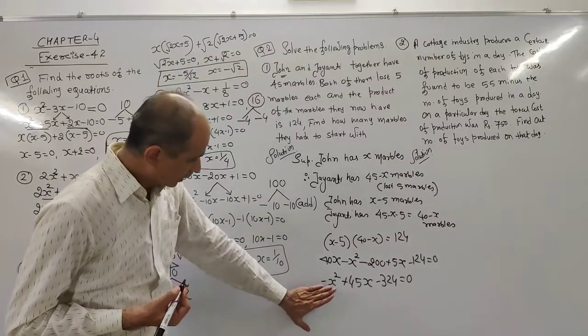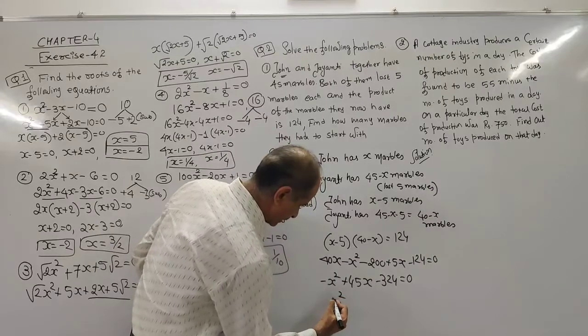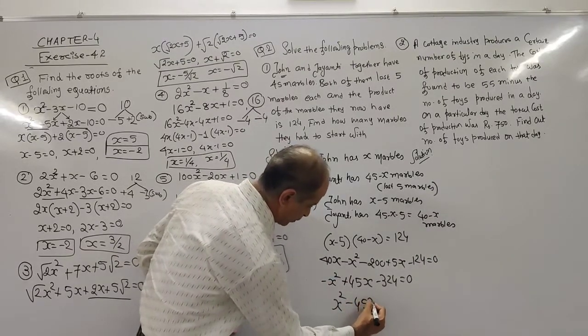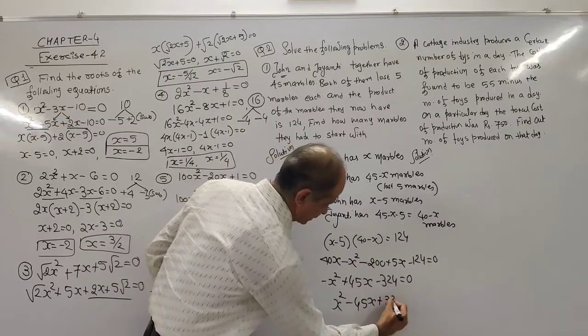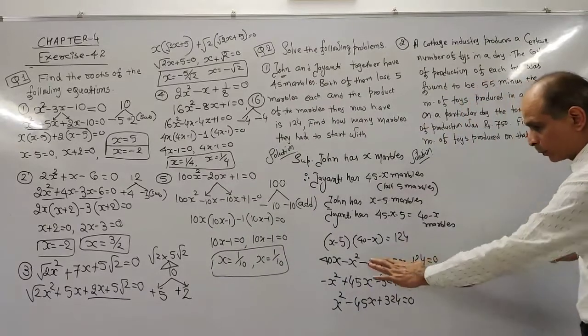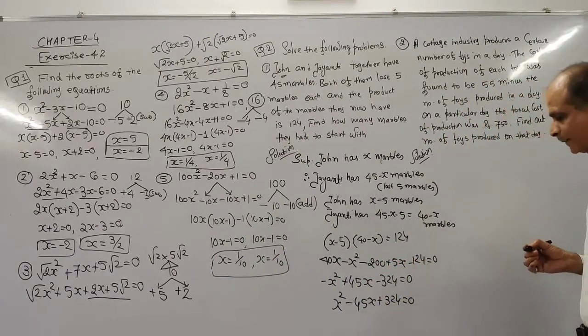Now we have to factorize. So let me take a positive sign for x square. So x square minus 45x plus 324 is equal to 0. Now you have to factorize 324 such that you get 45.